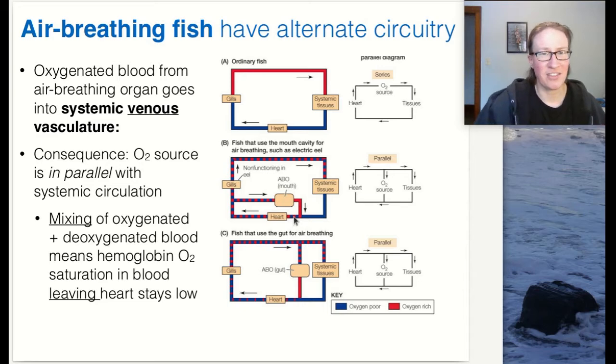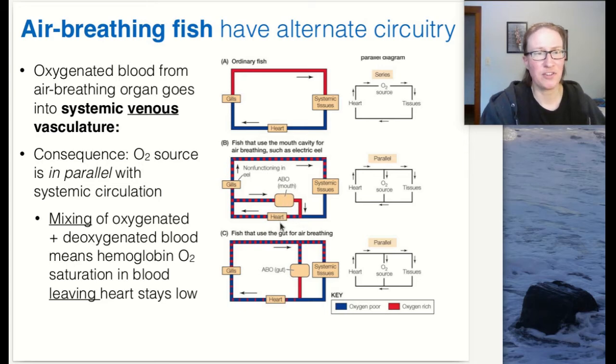So in this type of air-breathing fish, circumstances don't suck quite as badly for the heart anymore, because the heart is now getting partially reoxygenated blood as a result of receiving some oxygenated blood that has passed through the air-breathing organ.